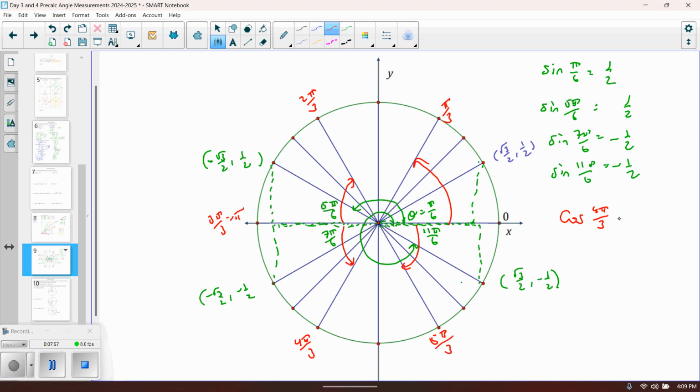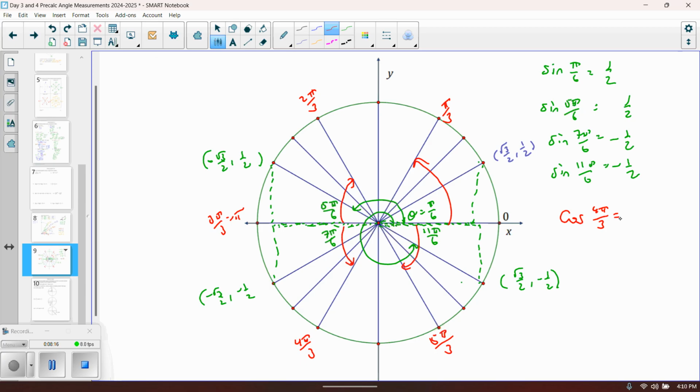So to figure out cosine of 4 pi thirds, I really want to know what cosine of pi thirds is, and then figure out, okay, this thing's in the third quadrant, so I know if it's positive or negative. So cosine of 4 pi thirds is going to be the same thing as cosine of pi thirds. Well, here's where my thought process comes in.